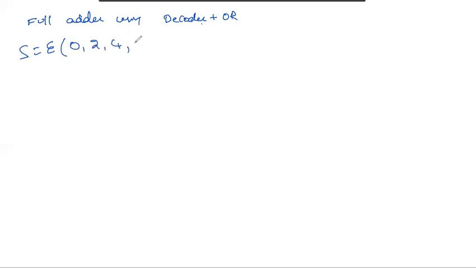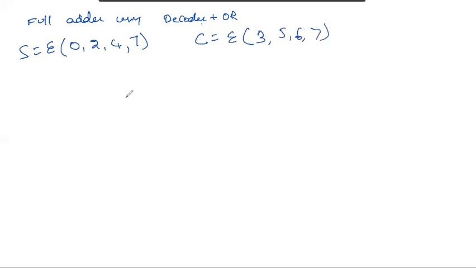Okay. Now I want a full adder using decoder plus OR gate. How? The full adder expression is what? S is equal to sigma 1, 2, 4, 7, right? Sum expression. Carry expression is 3, 5, 6, 7.